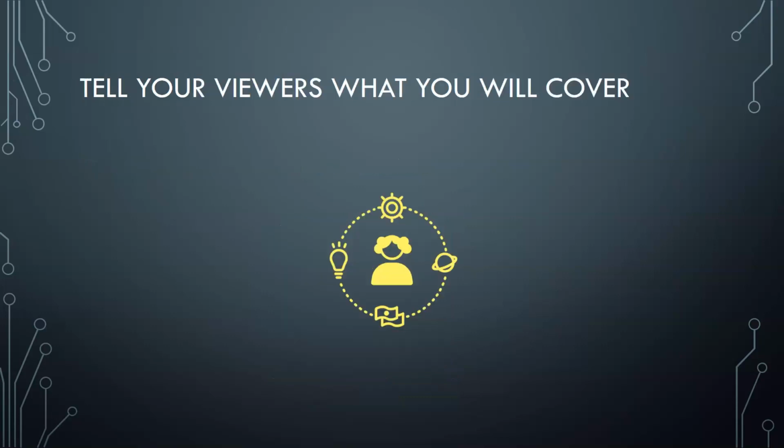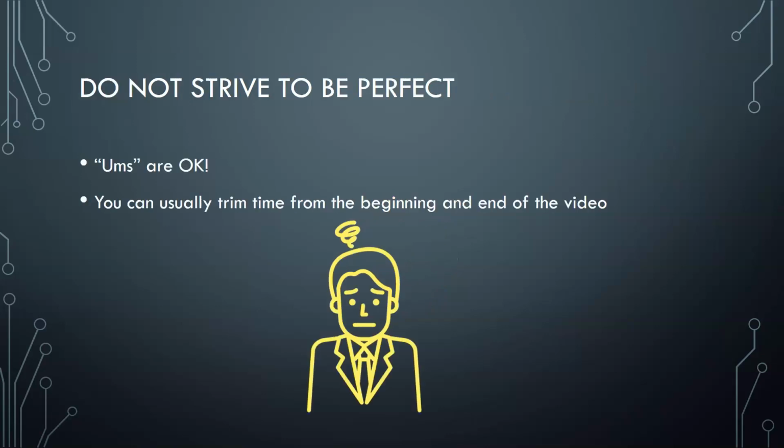And always at the beginning of your video, it's good to tell your viewers what you're going to be covering in the video, and that sets the context for them. It lets them know what they're going to expect, and also lets them know if they're trying to go back to find something, if that'll be covered as part of the video or not.